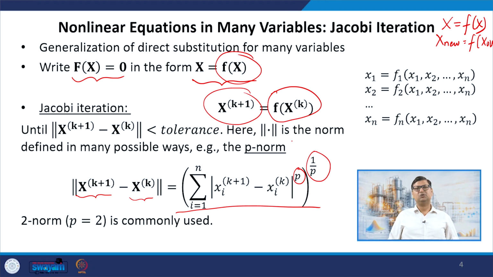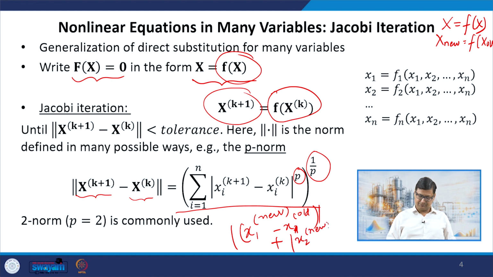If p is equal to 1, essentially we are summing up the absolute values of the differences, something like x1 new minus x1 old, plus the same thing for the second variable, right, and the same for all the n variables.